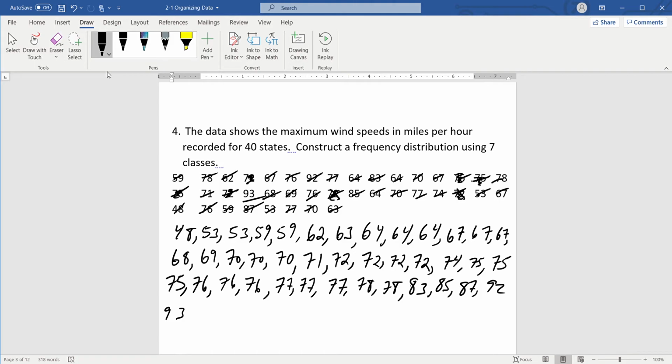I have 13 across. 3 rows of those, which gives me 39. One more extra there, which means I have 40 numbers. Now let me double check that with what I have going on here. I do have them all because right here it says 40 states, so every number says, hey, there should be 40, which means yes, I do have all of the data.